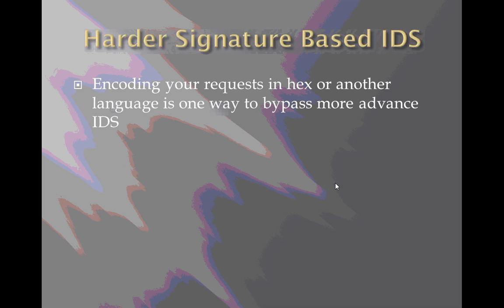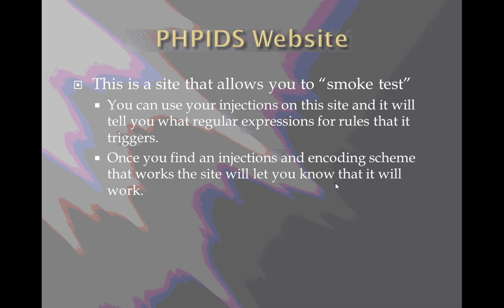For harder signature-based IDSs, encoding your request in hex or another language is one way to bypass. With more advanced IDSs, you can just use different encoding schemes. In one example that Joseph had, he encoded an entire thing in Unicode. So if you can figure that out, that really helps.